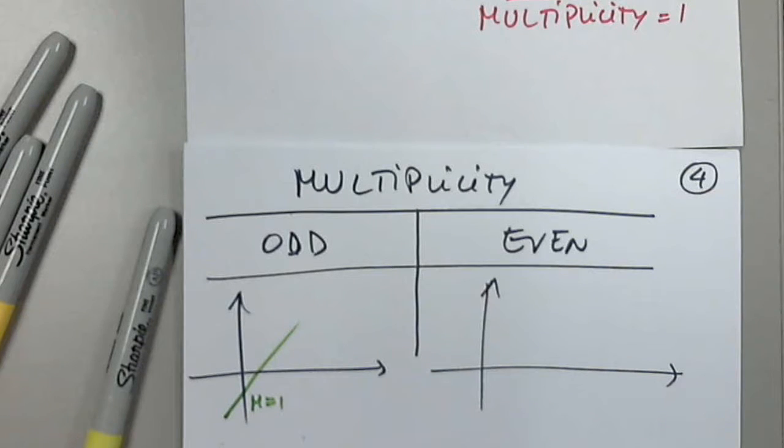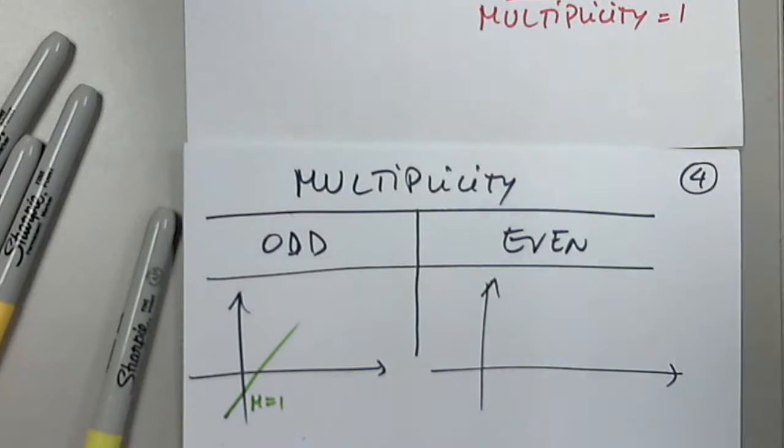For x cubed, if you set x cubed equal to 0, how many solutions does that have? 3, of course, and they are all 0. So it's 3 solutions, x equals 0, multiplicity 3.